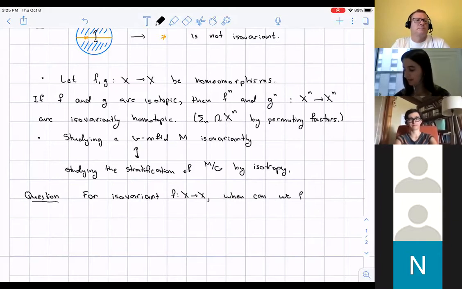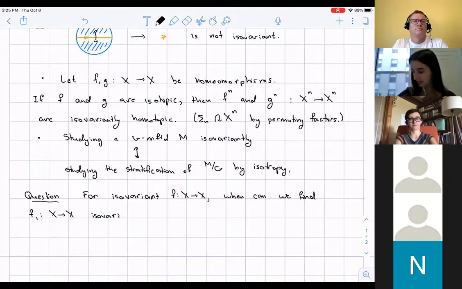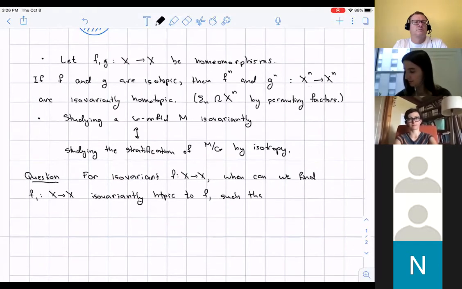When can we find, let's call it f1 from X to X, which is isovariantly homotopic to f, such that f1 has no fixed points?